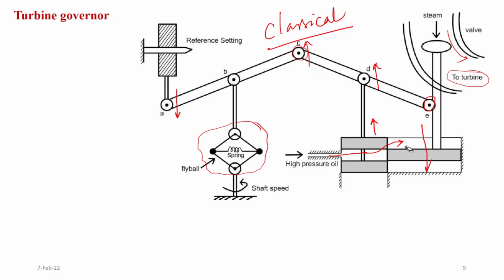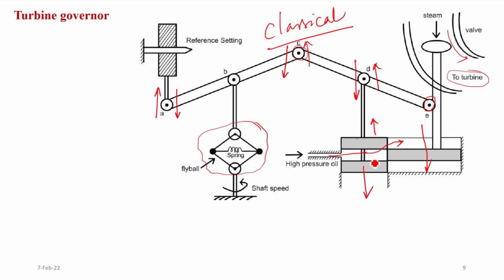Similarly, if we want to decrease the speed of the turbine using the reference setting, I should move the knob in such a way that the point A moves up. When point A moves up, this point is fixed, so your point C will go down, and as it goes down, point D will also go down. Hence your auxiliary piston also goes down.